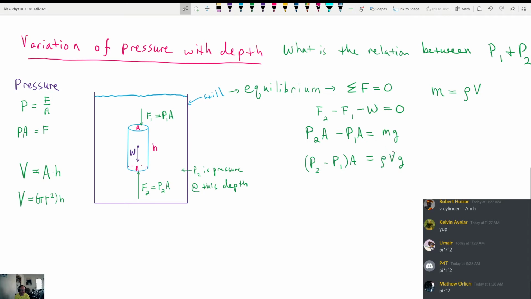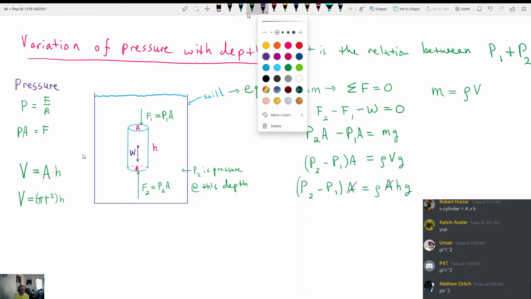And the final thing we will do is replace the volume with the area of the end cap times h. That brings us to the end here, because now we'll have P2 minus P1 multiplied by the area is equal to density times area times height times g. And now we have an area on both sides that we can cancel out. And we get our final result, or one version of this, I would say.